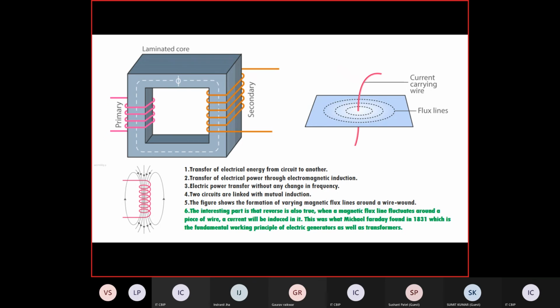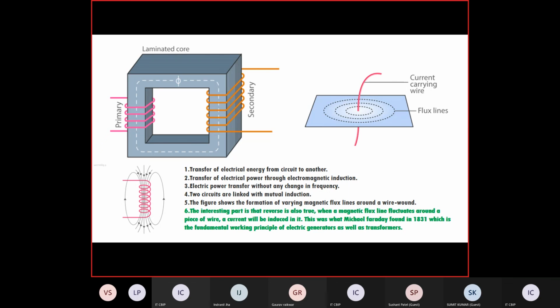And when the changing flux links with a coil, you know that EMF is induced, according to Faraday's law of electromagnetic induction. That way we get the induced EMF, and if we close the circuit, a current can flow, and we can extract the power which was input at the primary.